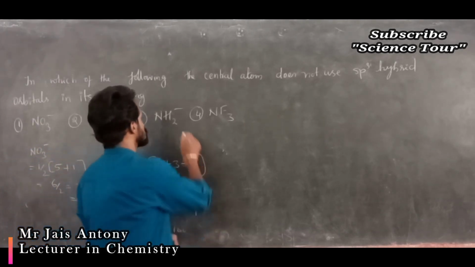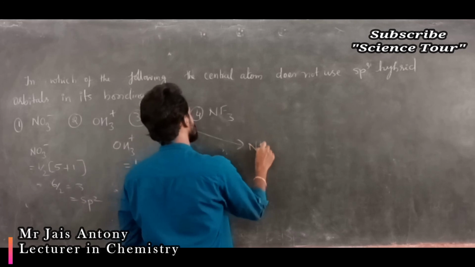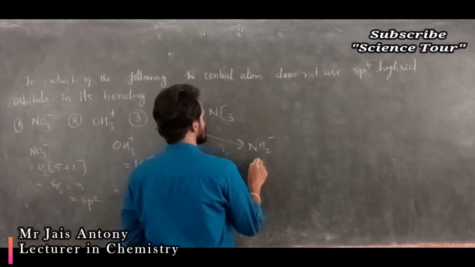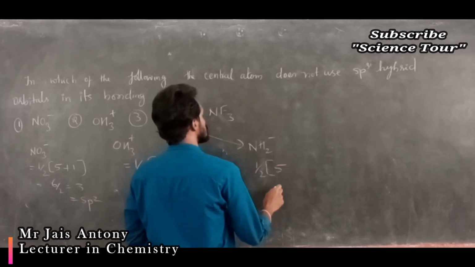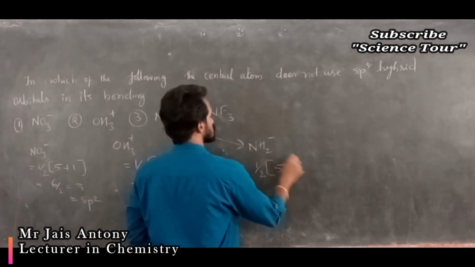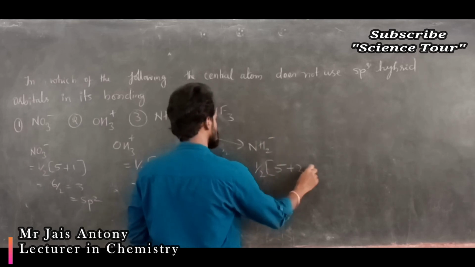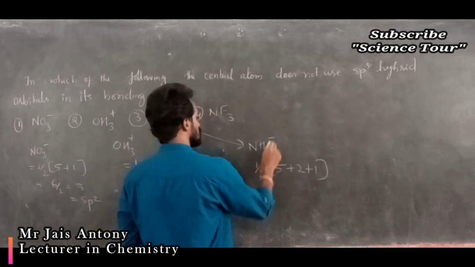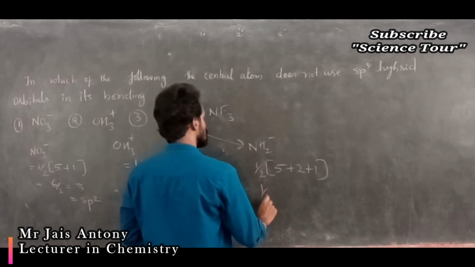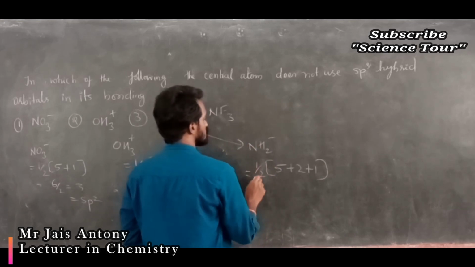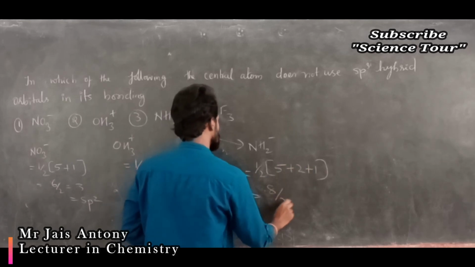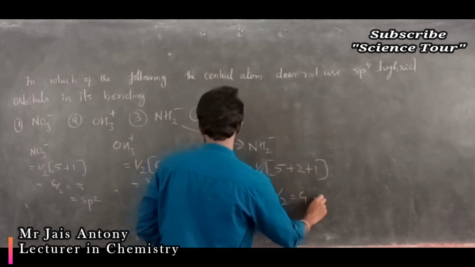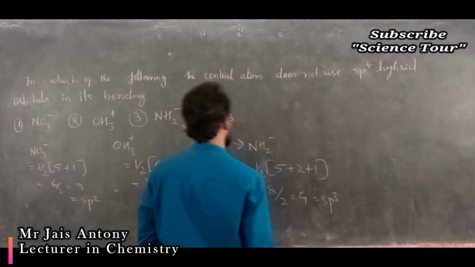My dear students, next one is NH2 minus, amide. Here nitrogen is the central atom, with 5 valence electrons, plus 2 because of 2 monovalent hydrogen atoms, plus 1 for the negative charge. 5, 6, 7, 8 divided by 2 is 4, so sp3.